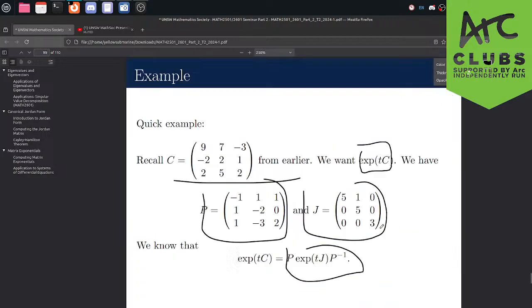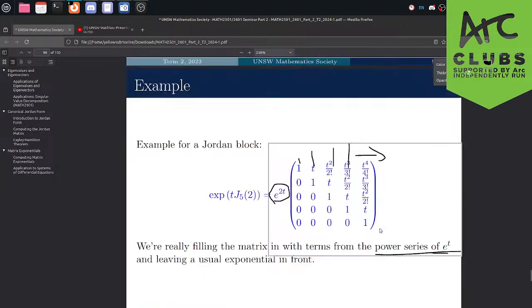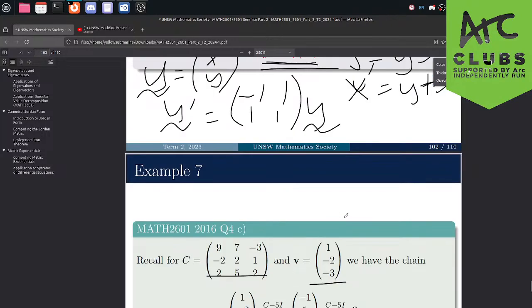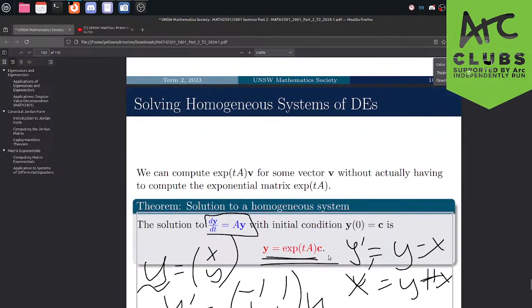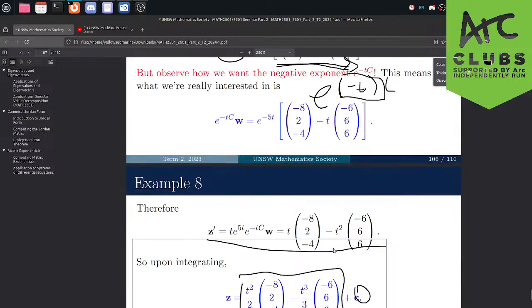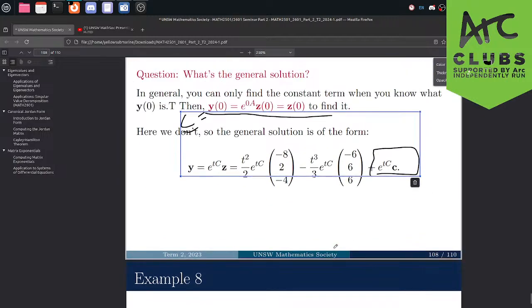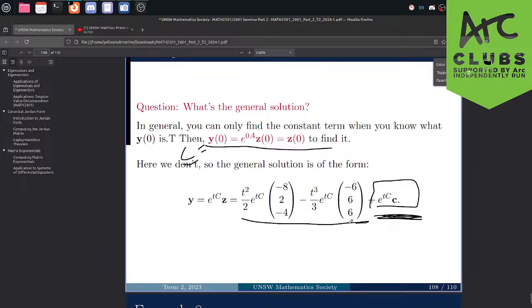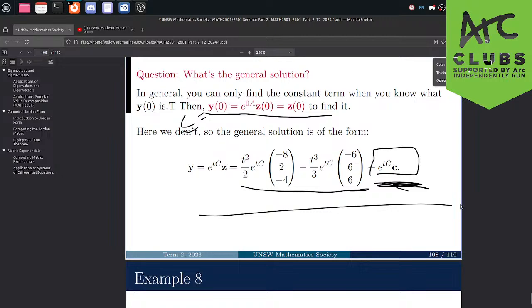If we scroll all the way up, for the homogeneous differential equation, the calculation was just our e^tc times the initial condition vector. We don't have that, so we can just leave that form here. Otherwise, we see that this is the particular solution. So if you were given a question which gave you the initial condition, make sure you expand this one out as well. And this would be your entire general solution.